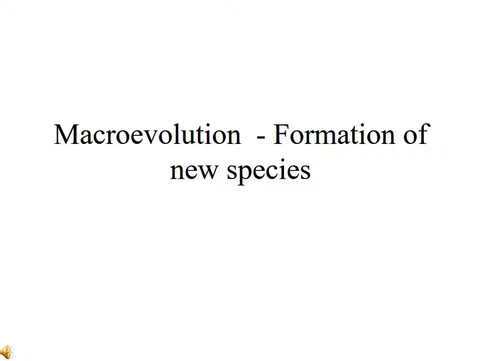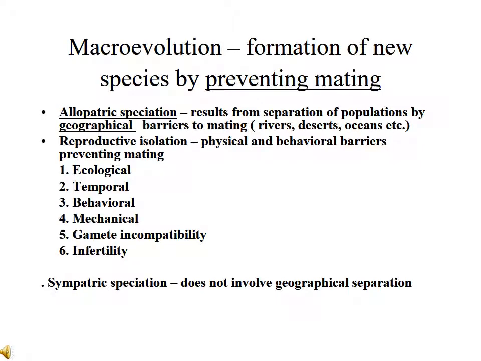Remember, a species is defined by organisms that can mate and reproduce naturally in a given environment. So, what we're going to be looking at is allopatric speciation, which results from separation of populations by geographical barriers, as we've seen before with the frog example.